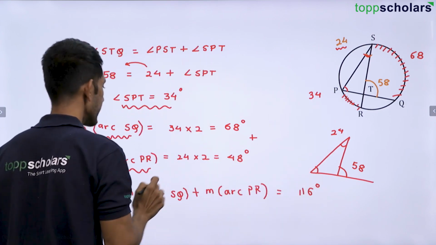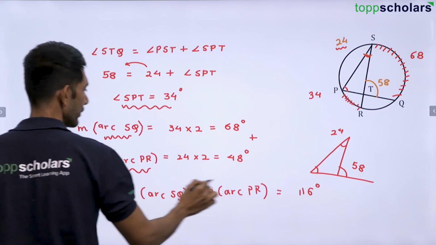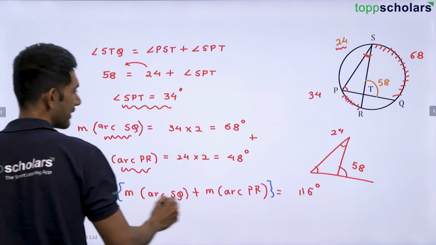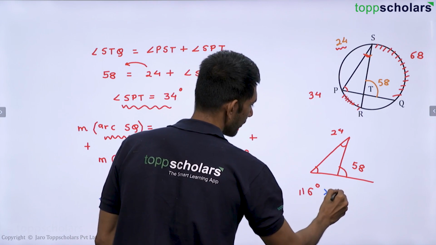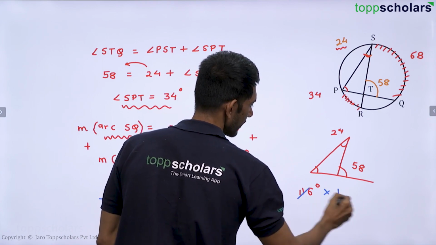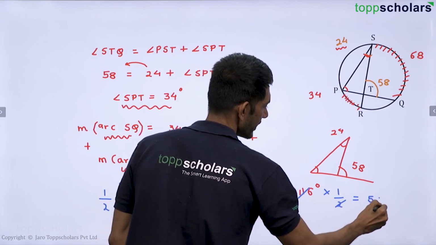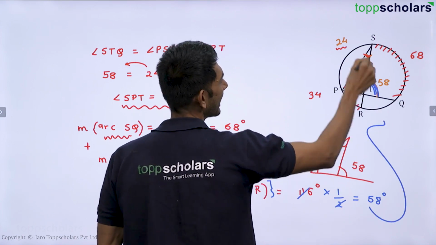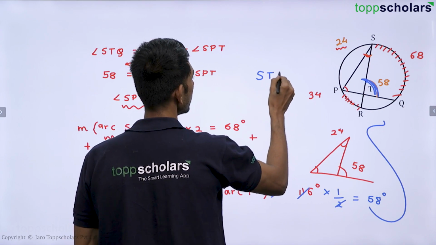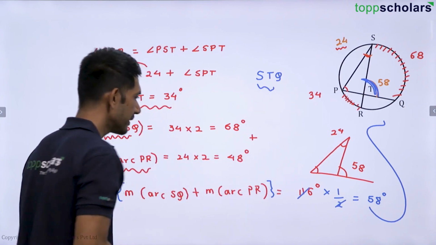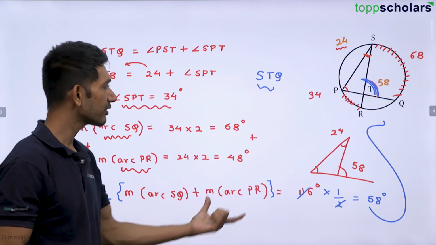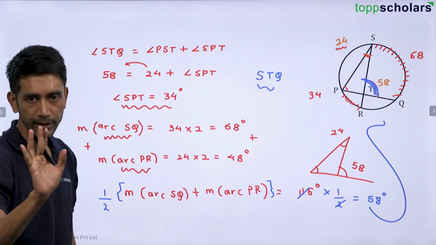If I multiply by half on the left and by half on the right, can I say I get 58 degrees? And 58 degrees is nothing but this angle STQ. So yes, we have verified that measure of angle STQ is half of measure of arc SQ plus measure of arc PR. I hope this is clear to all of you.